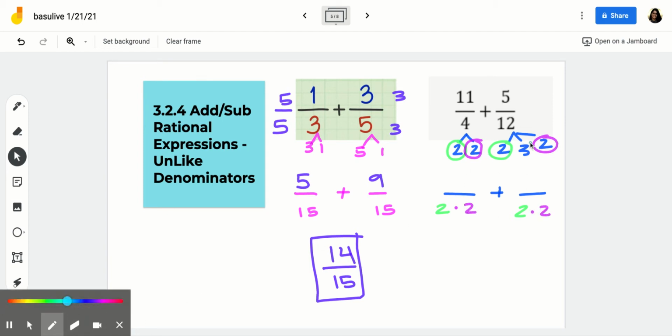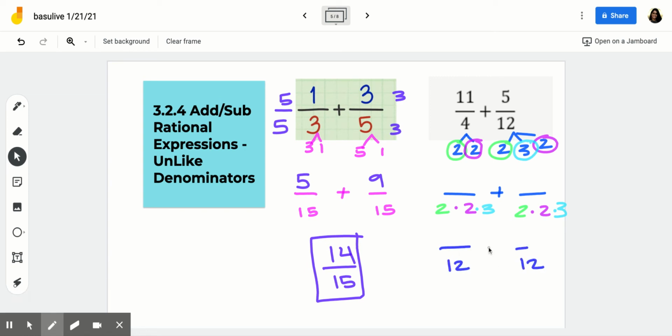So we're going to also take this blue 3. It has to be in one or both. So that's how we end up with the common denominator of 12. You guys are so used to doing it that you don't even realize how you got a common denominator of 12 because the process is just easy to you. You can see it. Well, in rational expressions, you won't be able to see it as clearly because there's variables.